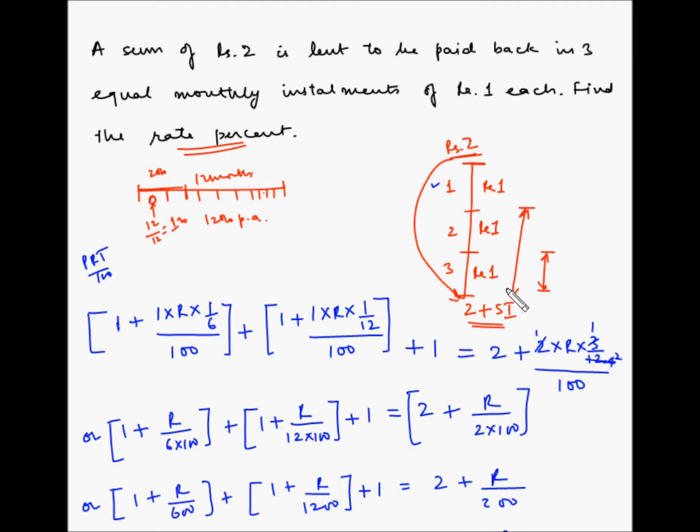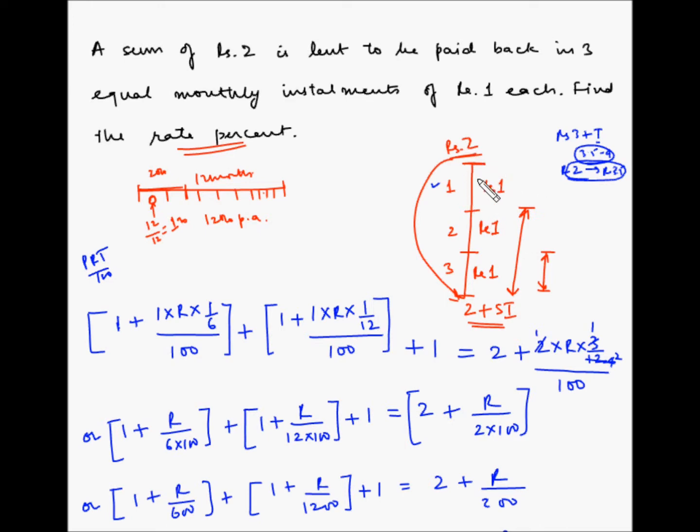So at the end of 3 months you are getting rupees 3 plus the interest, and let's say the interest is 1 rupee for this, and it comes to around, say, 3.5 to 4, something like that. So at the end of 3 months, from rupees 2 you are getting rupees 3.5, which is almost double.